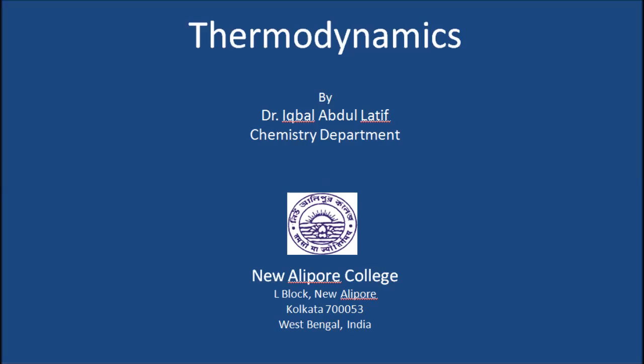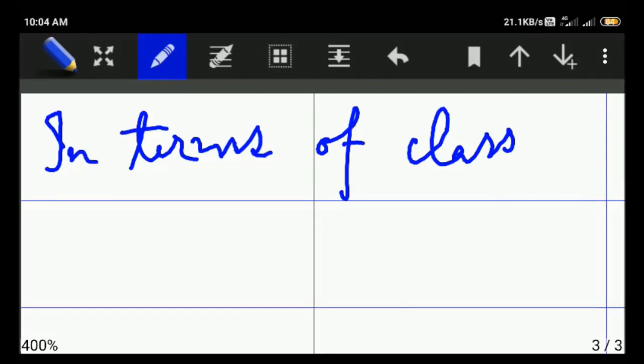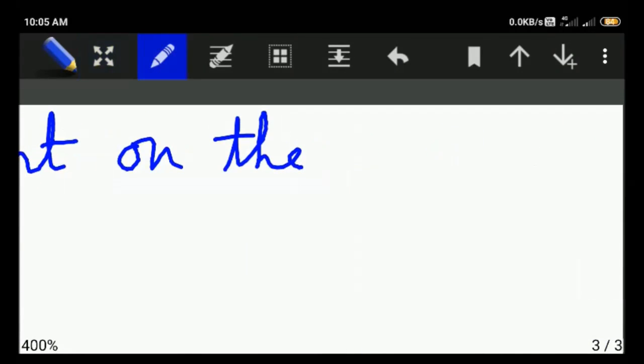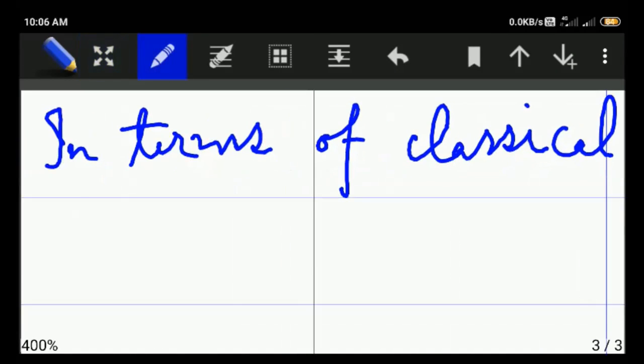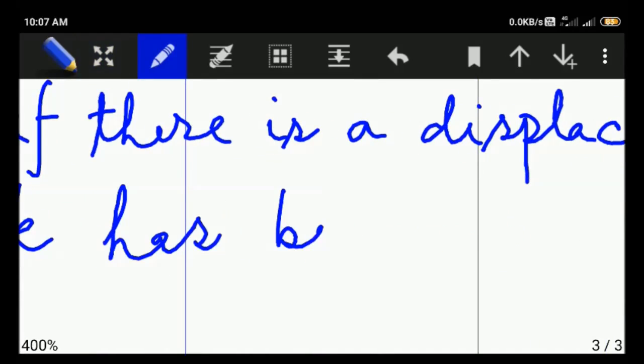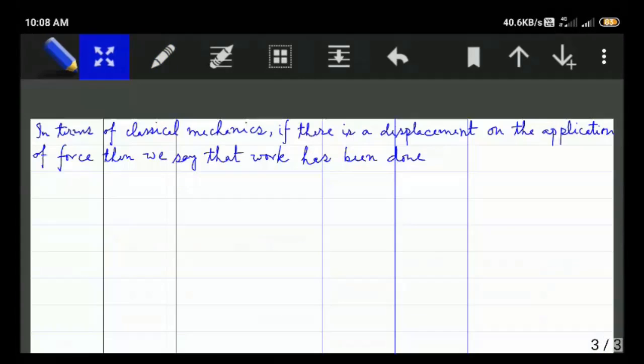Next, we reintroduce the concept of work. From classical mechanics, we know that if there is a displacement on the application of force, then we say work has been done.